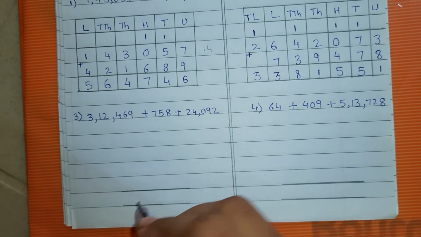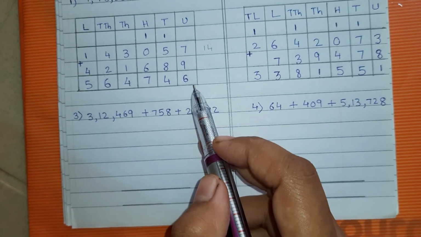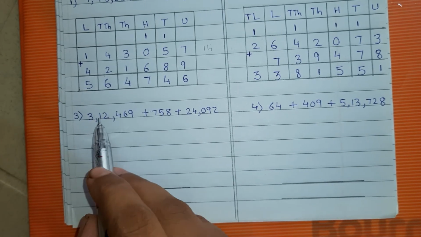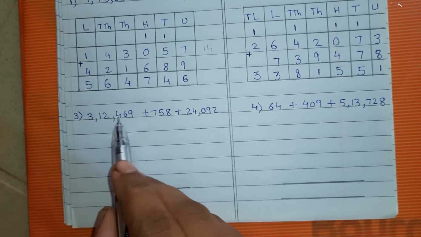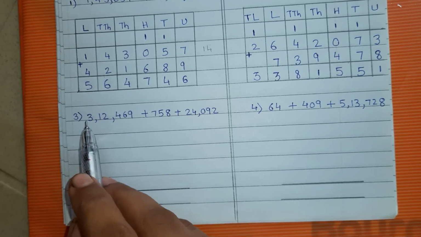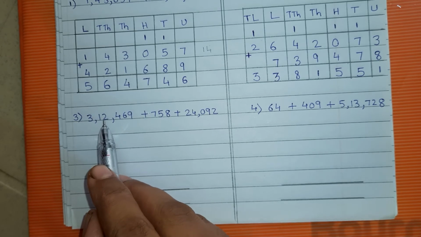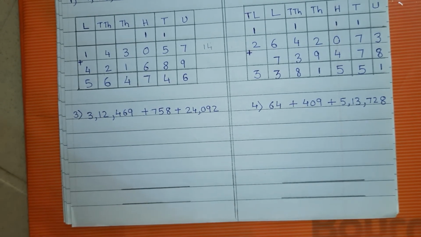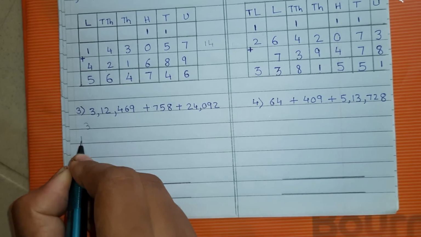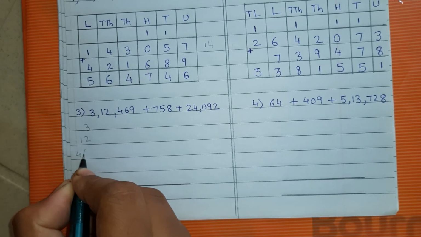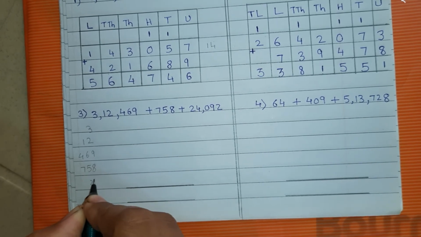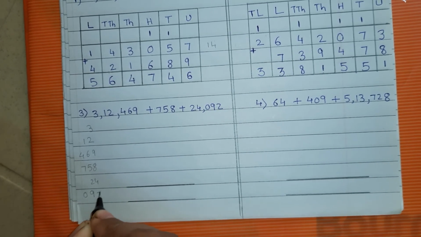Now the third one and fourth one. Here we will not draw the boxes. Directly we will see how to solve. Now see here. This is a 6-digit number. Okay, the comma is given. It doesn't mean that 3 is a separate number and 12 is a separate number. In exams, I have seen that some students write down like this: 3, 12, 469, 758, 24 and 092.